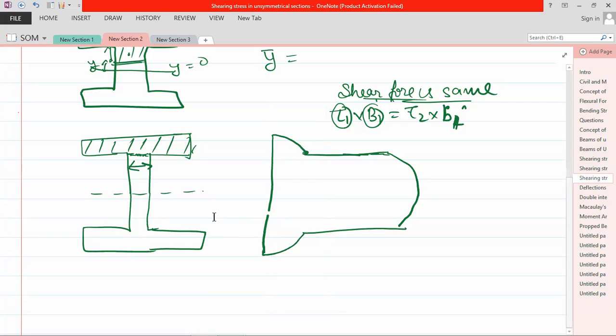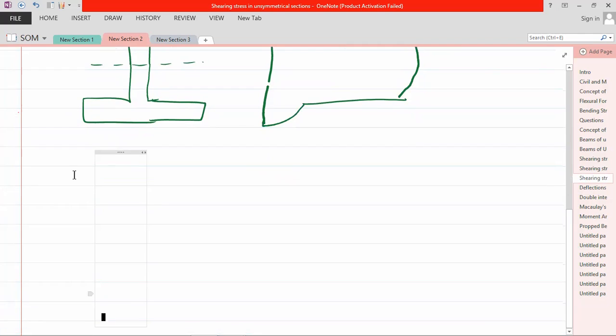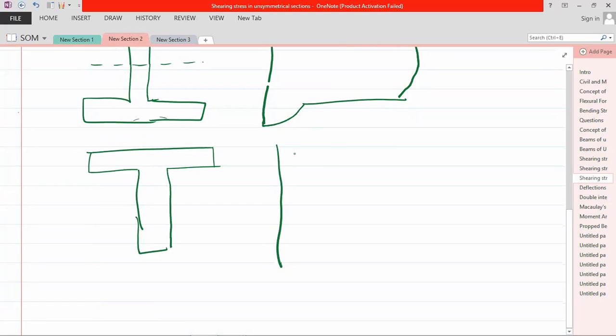Okay. Now for the T sections, I am going to draw it. Suppose this is a T section. Now if you draw the shear stress diagram, here it is again rectangular, so parabolic. Then there is again the area reduced suddenly, so there is a jump.